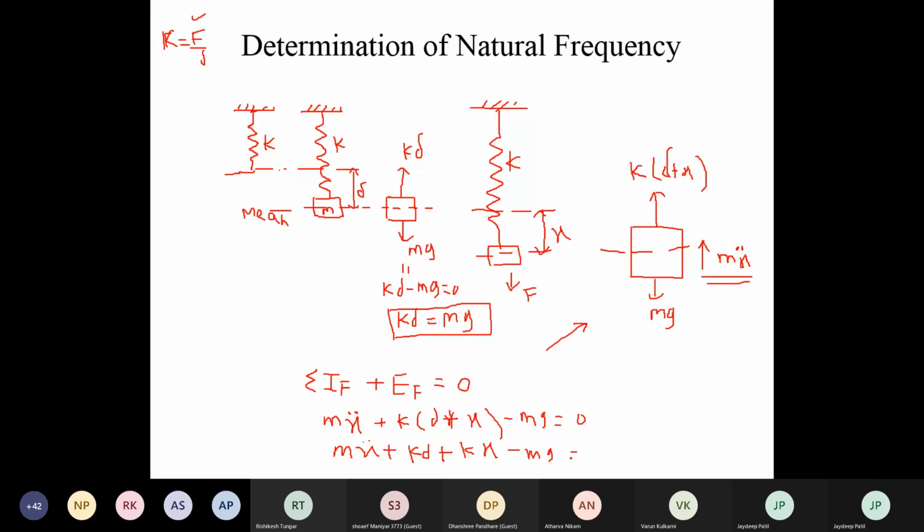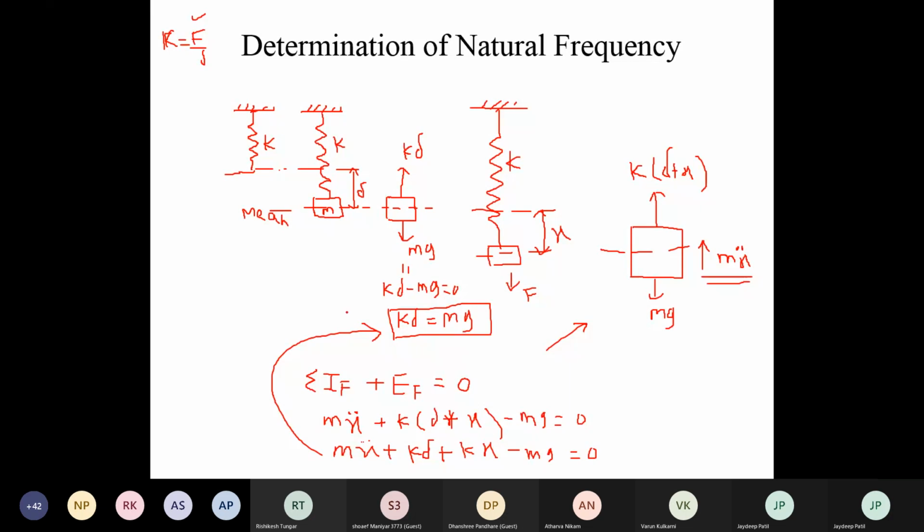Now which term gets cancelled here in this equation? Which term gets cancelled?